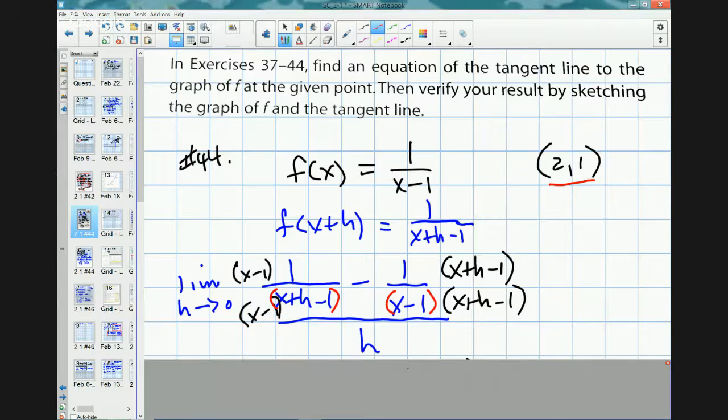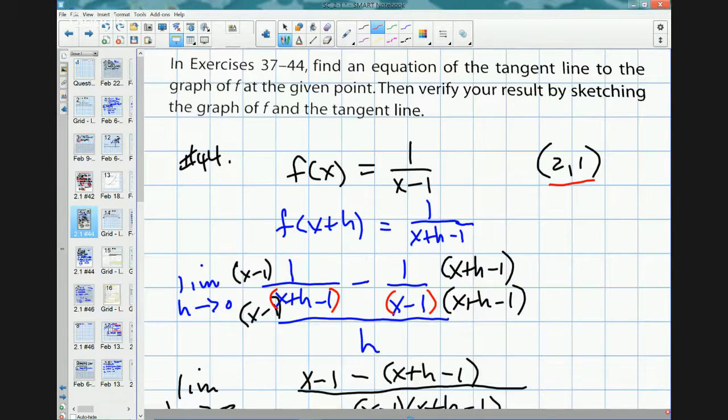And sure enough, I just need one of each. What am I missing in the denominator of the first fraction? I'm missing an x minus 1. So we multiply top and bottom by x minus 1. What am I missing in the denominator of the second fraction? An x plus h minus 1. So we multiply top and bottom times that. So right now we're kind of ignoring the h on the bottom, but we will get to that.